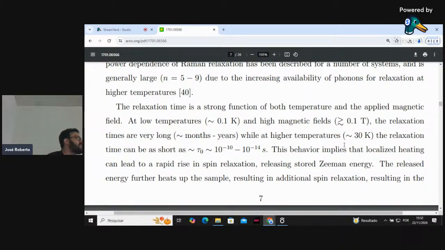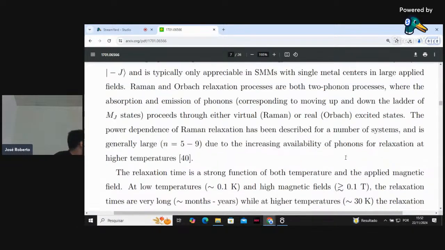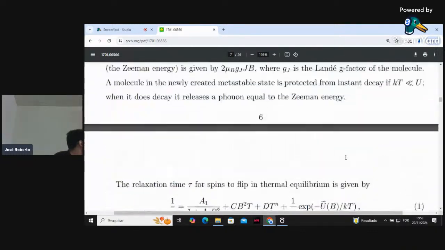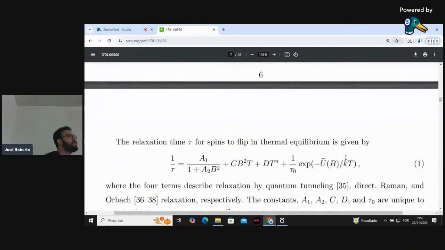At higher temperatures, you have this short time. I was talking about the magnetic field being on: 10 to the 10, 10 to the 11. It's very long, somewhere in here, I don't know exactly. But this relaxation is the time it takes the spin to flip on its own.